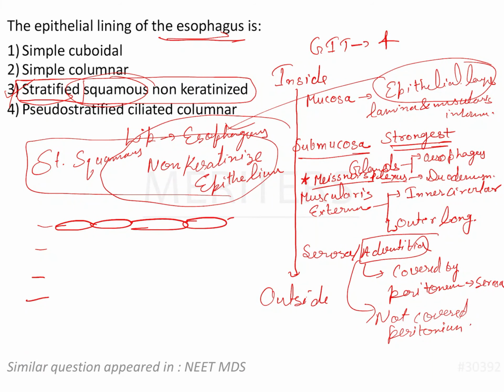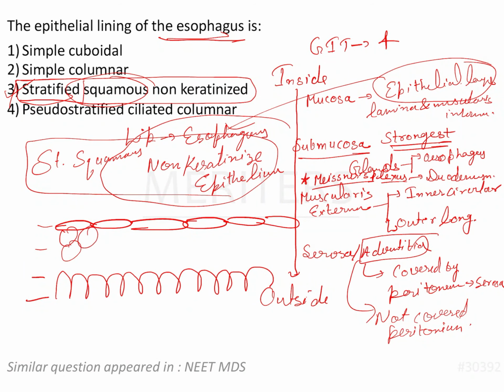The uppermost cells of the epithelium are going to be the squamous ones, while the lower or the basal cells are going to be columnar cells only. Okay, and in between there will be 3, 4 or more layers of the polyhedral cells. So this all together makes the stratified squamous non-keratinized epithelium that is seen in the esophagus as well. So the answer is going to be your 3, that is stratified squamous non-keratinized epithelium.